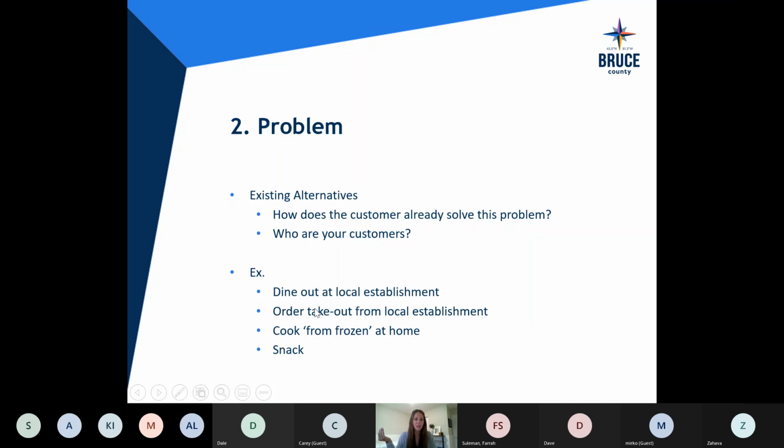If I were HelloFresh, Good Food is my direct competition. But dining out at a local restaurant, takeout, at-home frozen meals, snacking, those are all indirect competition. They're providing a different way to solve a problem, i.e., someone's hungry and they're getting food in their bellies. So indirect competition should be identified as well.